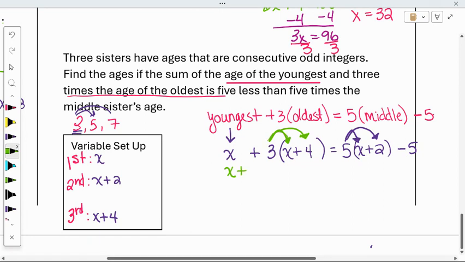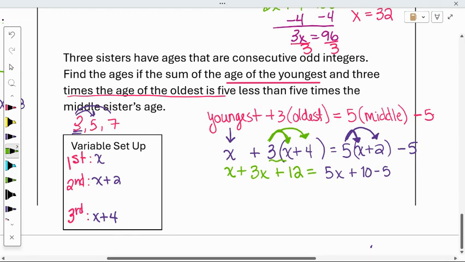X plus what? 3x. Good job. Plus 3 times. This is multiply. 12. Good job. Equals. All right, you're up. 5 times x is? Plus. Awesome.